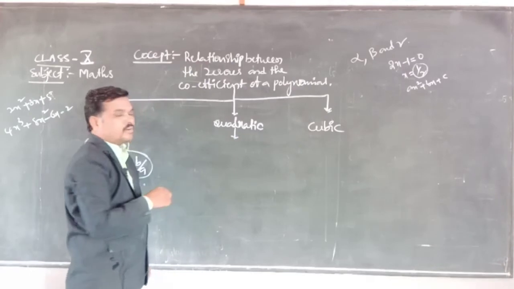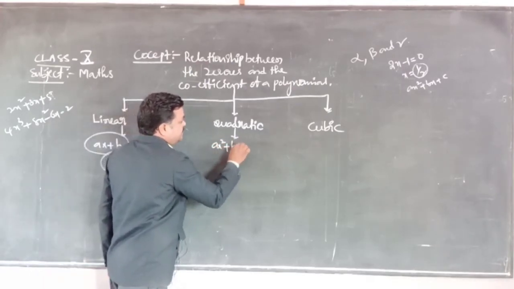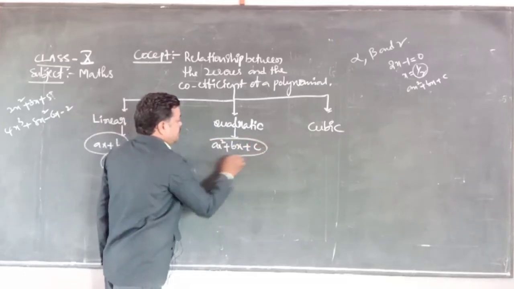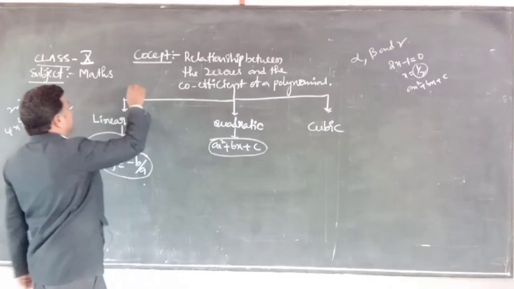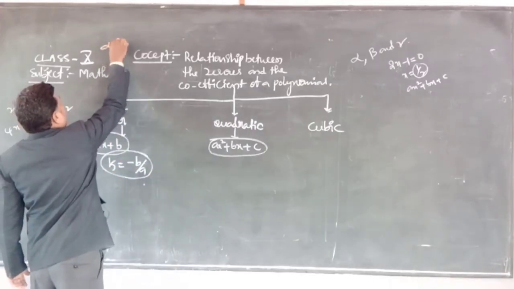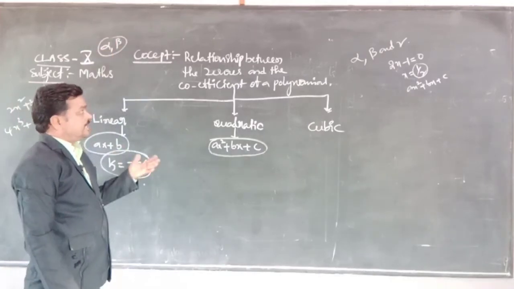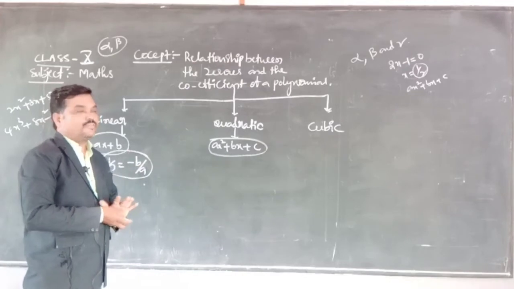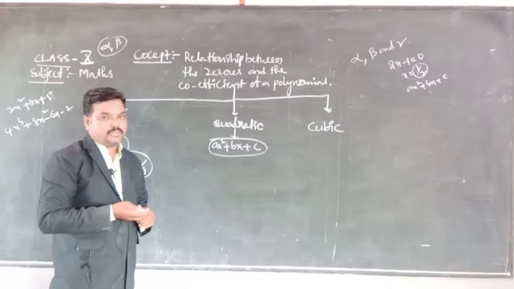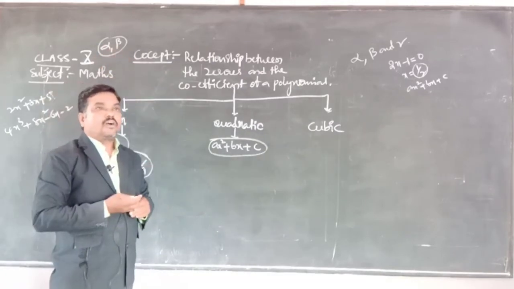Next is the quadratic polynomial. The general form of a quadratic polynomial is ax square plus bx plus c. Then the zeros of the polynomial, we are taking as alpha, beta. The relationship between the coefficients and zeros of the polynomial: here the zeros of the quadratic polynomial are alpha, beta.